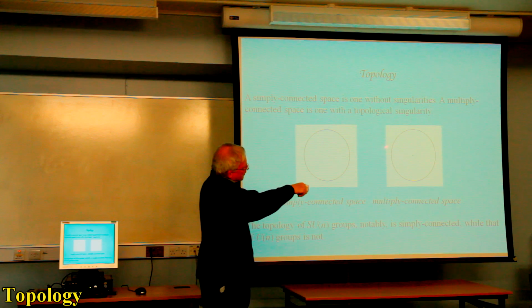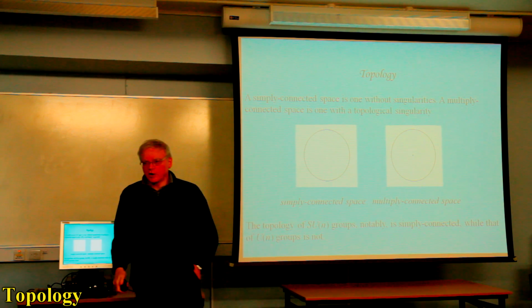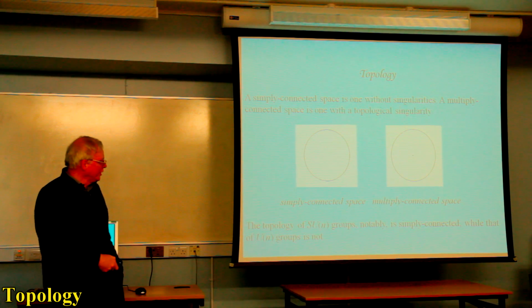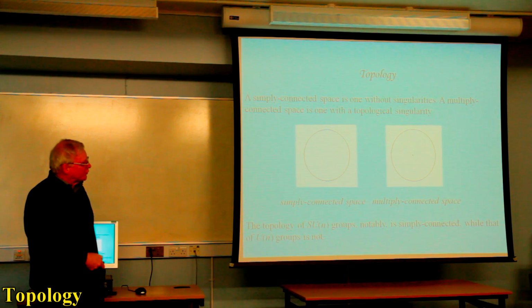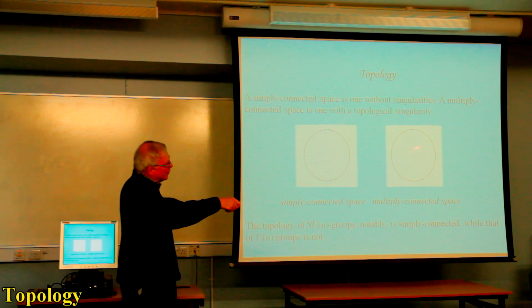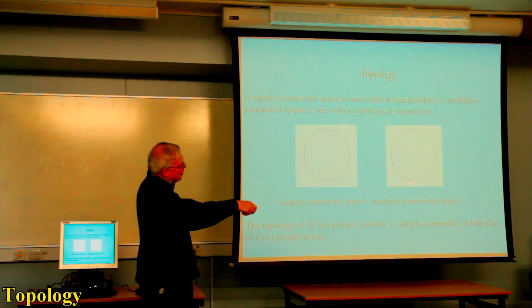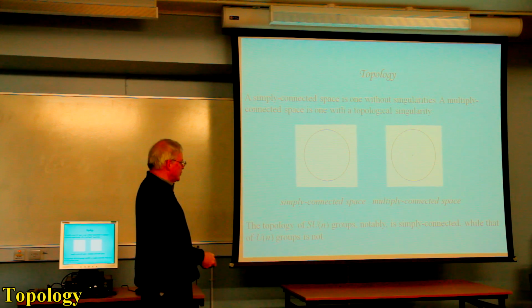If I were to do the same thing with a vector around this one, I'd find it pointing in the opposite direction. That's a very well-known result in topology, and it's connected with a physical phenomenon called the Berry phase, in which, if you've got a singularity in the circuit, you end up with a 180 degree or pi phase change.